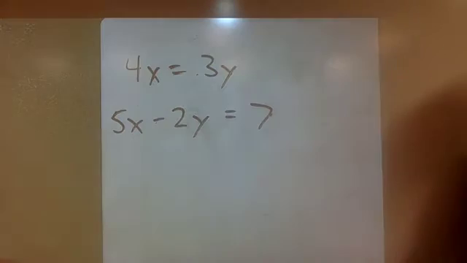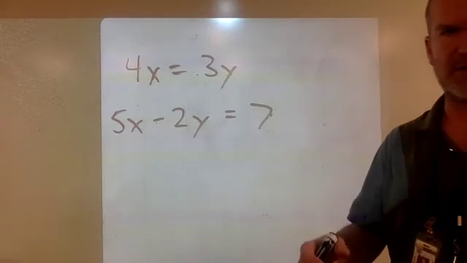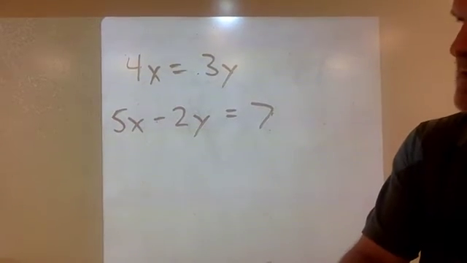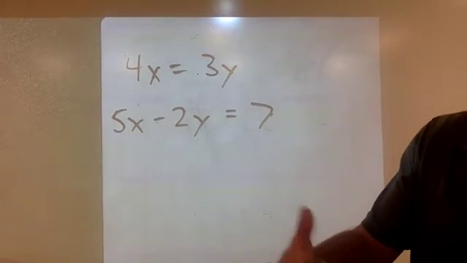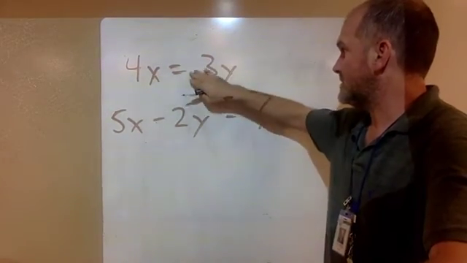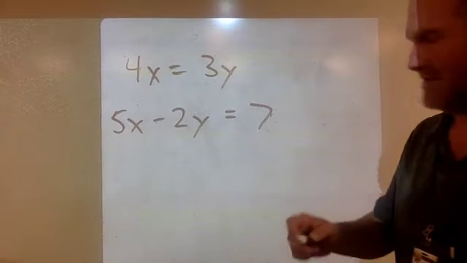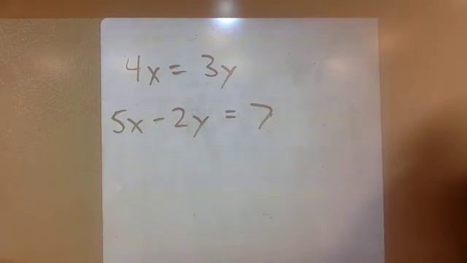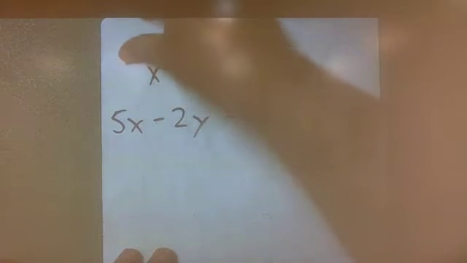All right, elimination might look not so easy on this one. Your like terms don't line up. This equation is smaller. Let's make this one a little easier to start, actually. Let's just make that x.